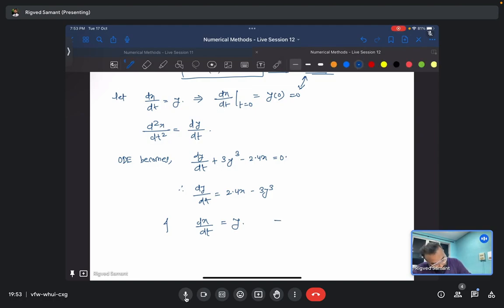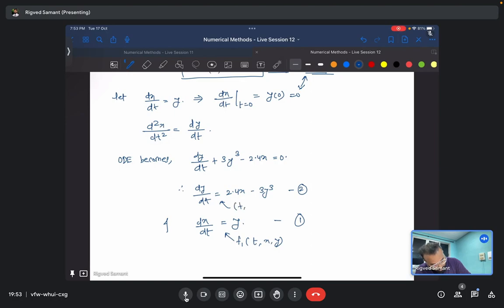So this is the one equation, this is the second equation. What are the variables that are used in this one? This is a function of t, x and y.